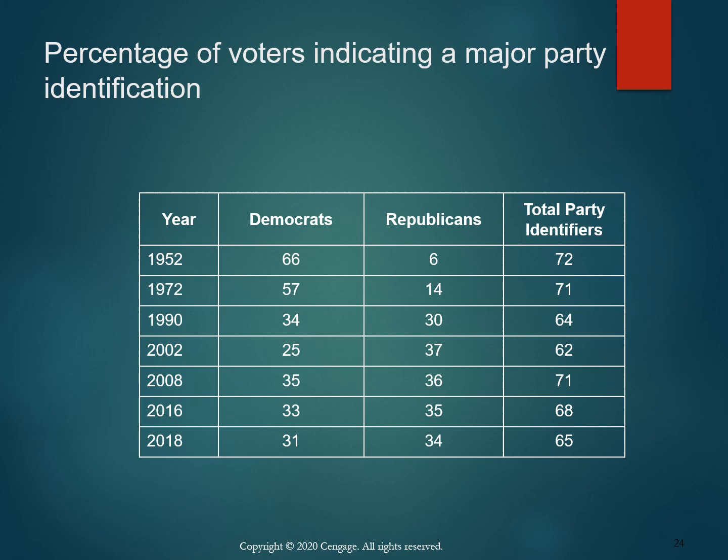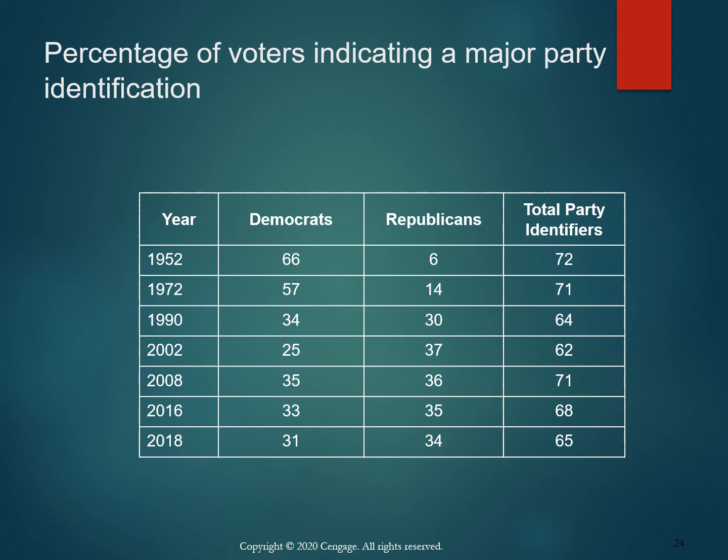2002, this is where the big shift came in. You see that a lot more people, a higher percentage of voters, were identifying with the Republican Party than with the Democratic Party, but you're starting to see a decrease in the total number of people who identify with parties. Then by 2008, again, it was almost an even split, 35% Democrat, 36% Republican, and the percentage increased.